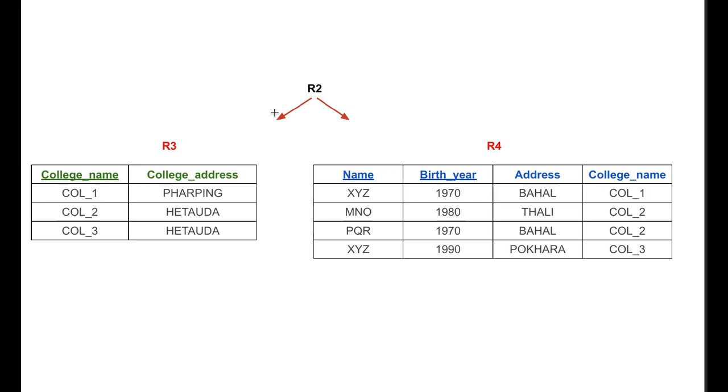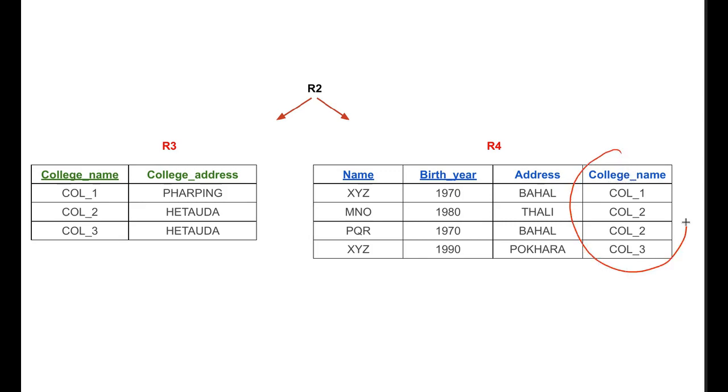Now we have R3 and R4, where in R3 we have college name and college address. Because it was being derived from college name, we kept it in a separate table. And similarly R4, the remaining attributes: name, birth year, address and college name.